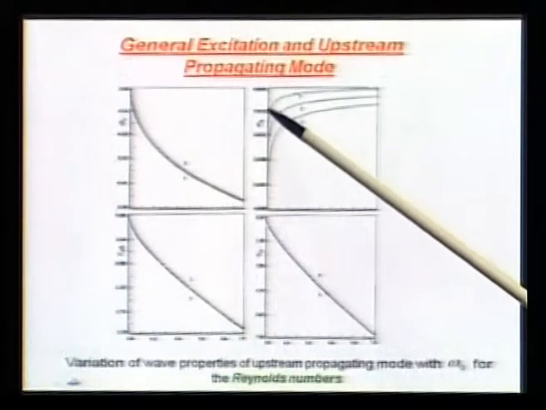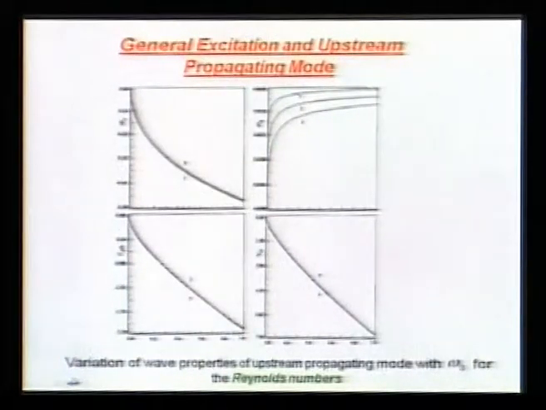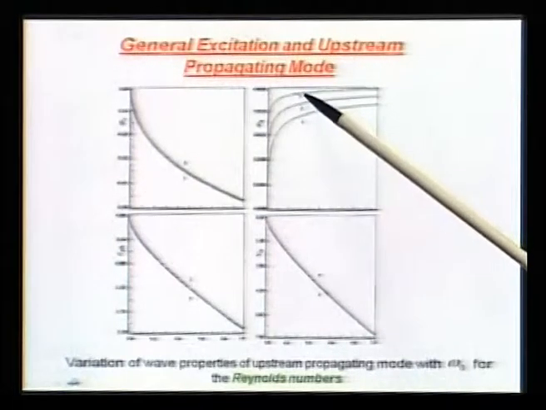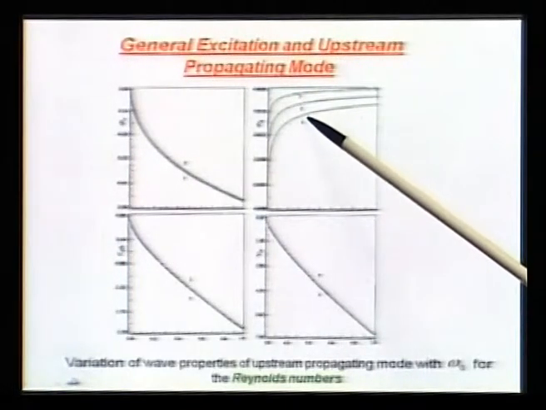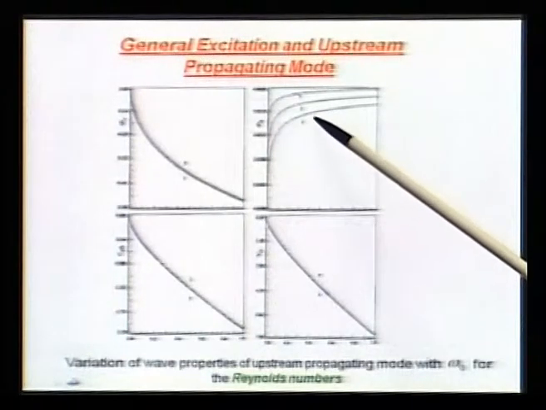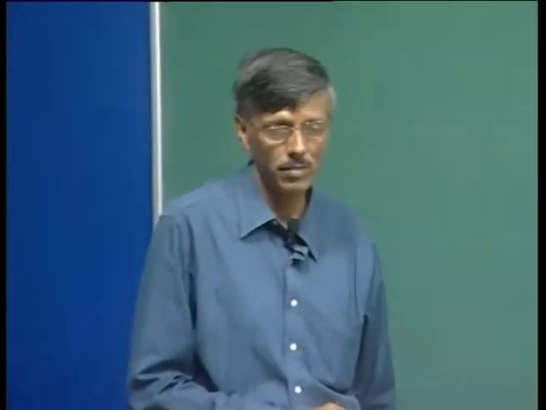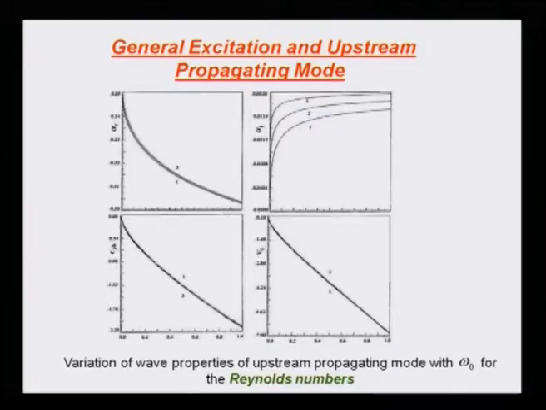However, if you look at alpha I, that is somewhat revealing. For the same omega naught, you can see for higher Reynolds number, alpha I is smaller, meaning what? These are all stable, but higher Reynolds number means less stable.